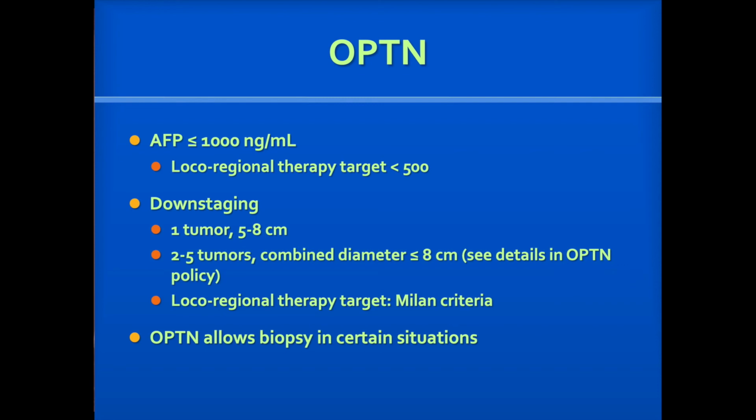So, for example, if you have a single tumor that measures up to 8 centimeters in diameter, and if after local therapies that is brought down to 5 centimeters or less, then that patient might still be eligible for exception points. If they have multiple tumors, 2 to 5 tumors, if their combined diameters do not exceed 8 centimeters, they are often eligible for downstaging if they can be brought within Milan criteria.